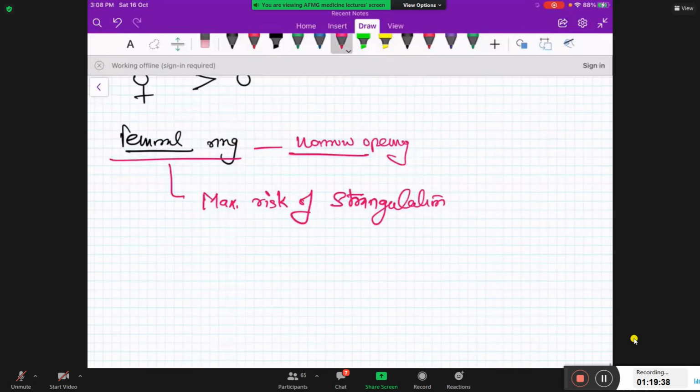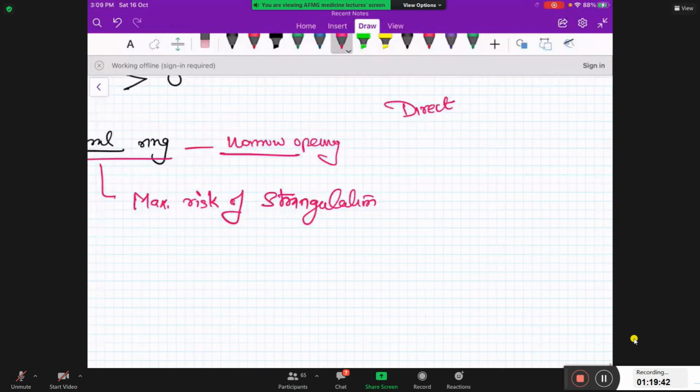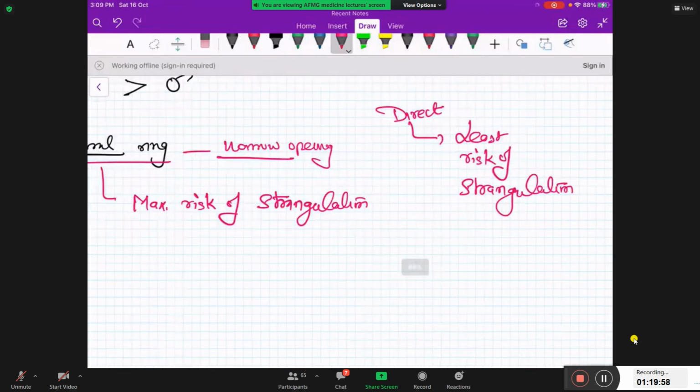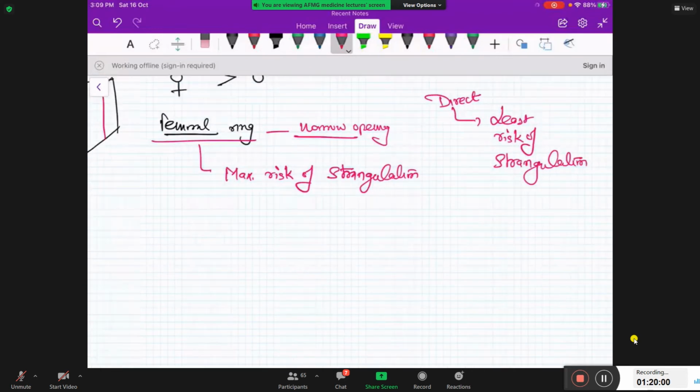And direct inguinal hernia, highlight it in your notes. Direct inguinal hernia has the least risk of strangulation.